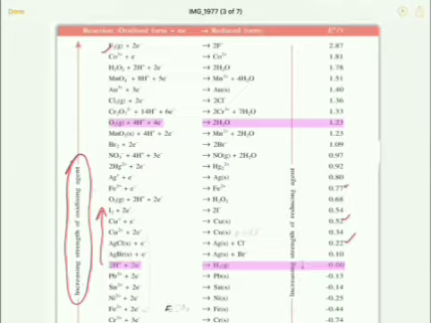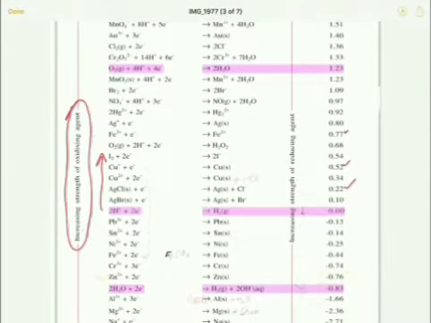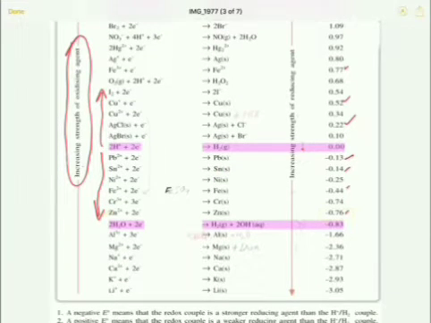Or on the other hand, as we move downward from the hydrogen, there are the metals only, and these are having negative value of the standard reduction potential, and they have more chances to get oxidized, and therefore they act as strong reducing agents.